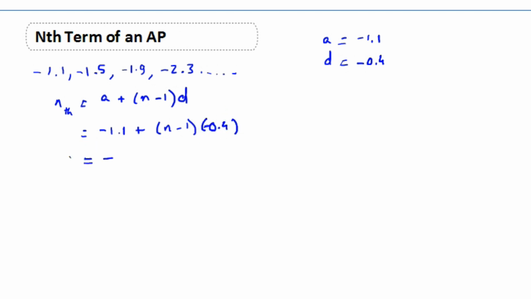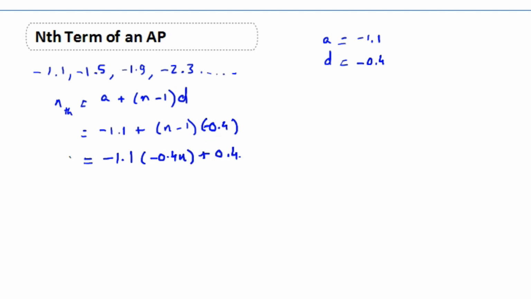So when I simplify that, that becomes negative 1.1 plus, then applying the distributive property, it becomes negative 0.4n, and negative then becomes positive, so plus 0.4.